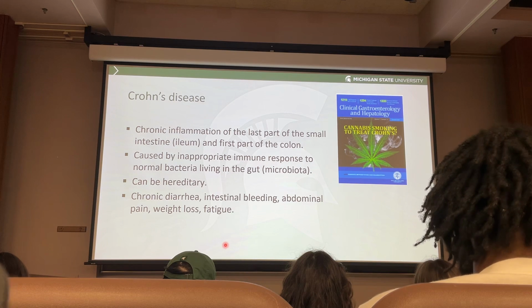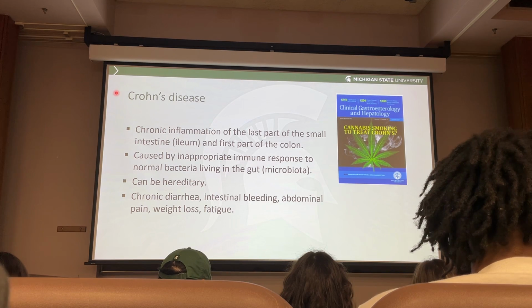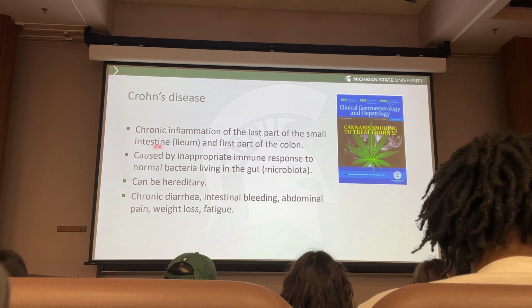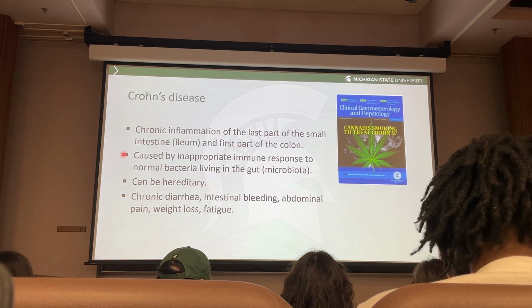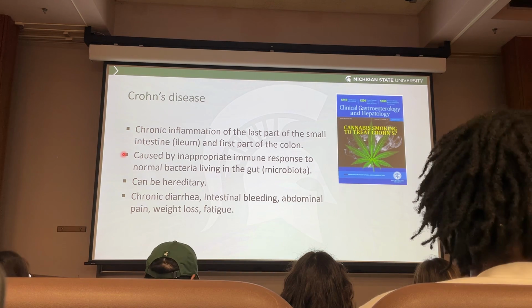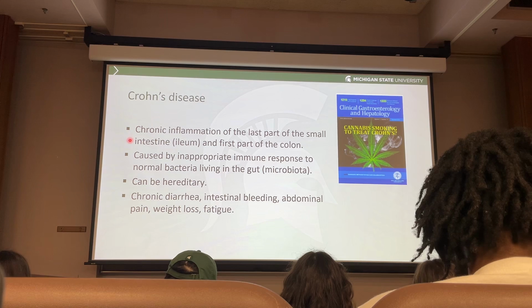Why we care, we'll jump right in. So Crohn's disease, inflammation that affects parts of the small intestine. This is an inappropriate immune response to normal gut bacteria, and then other things people hear a lot about, the more we understand about how our diet affects things, but this can be a hereditary condition.